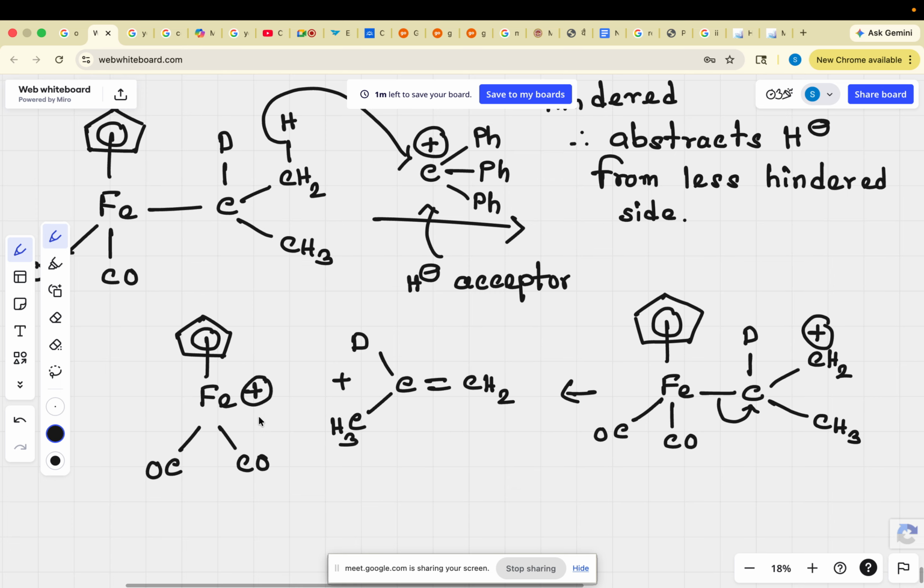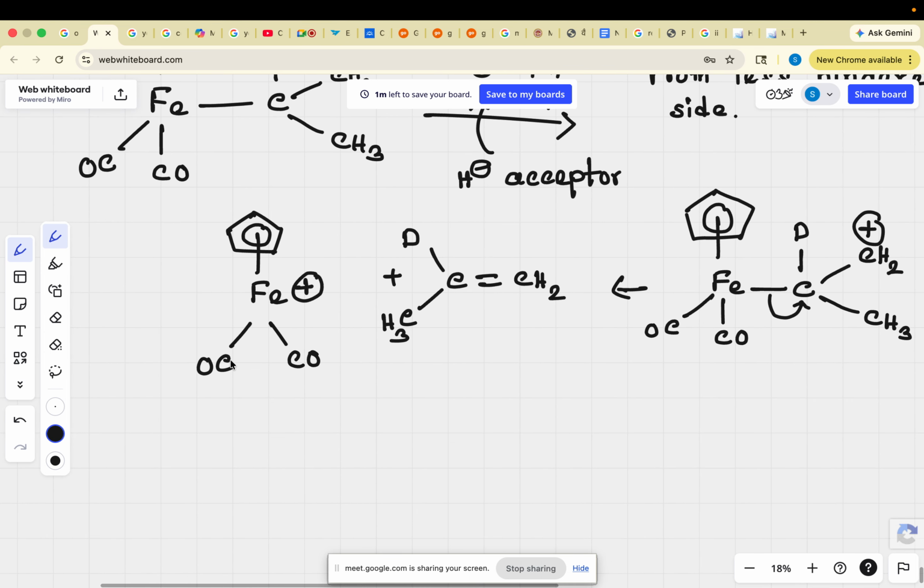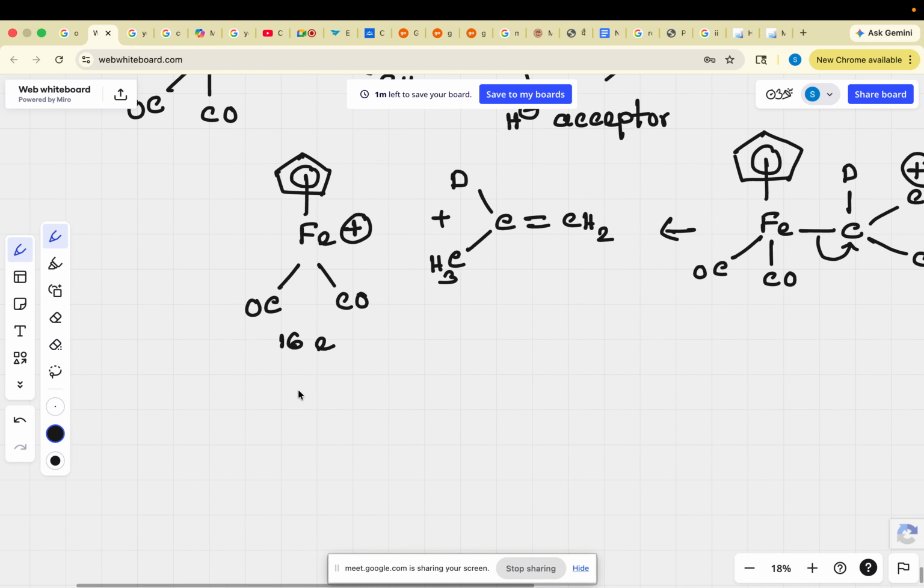Now check how many electron system this positively charged species is. 16 electrons. So it is your 16 electron. What can happen? How can you make it 18?